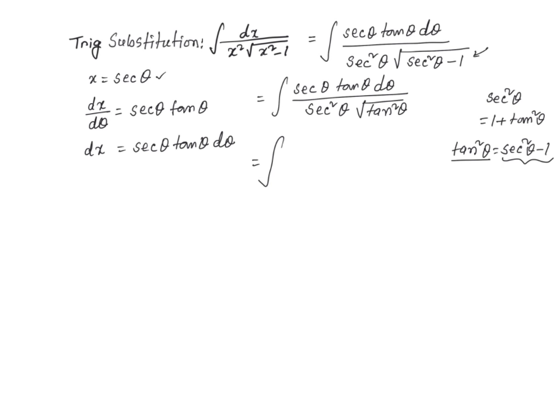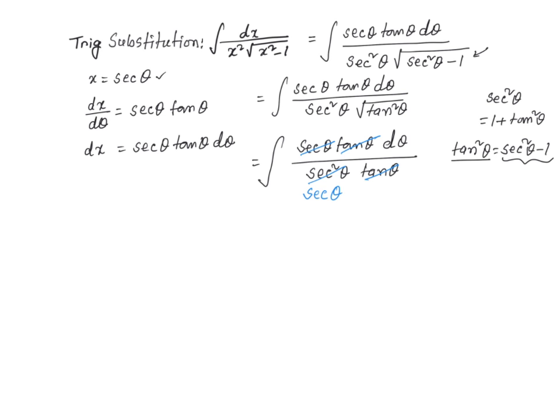That is going to be the integral of secant theta tangent theta d theta, all of it divided by secant squared of theta times tangent of theta. Now tangent theta cancels out, and secant theta goes into secant squared of theta, leaving just secant theta.